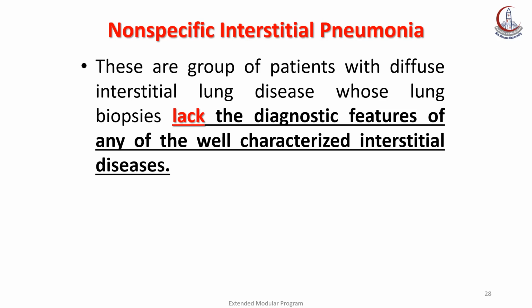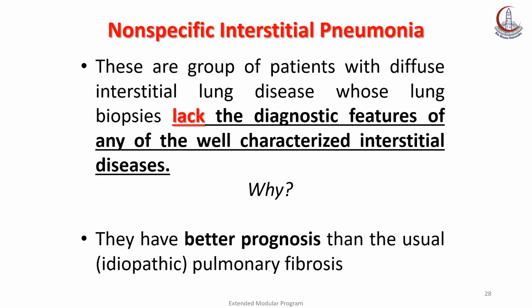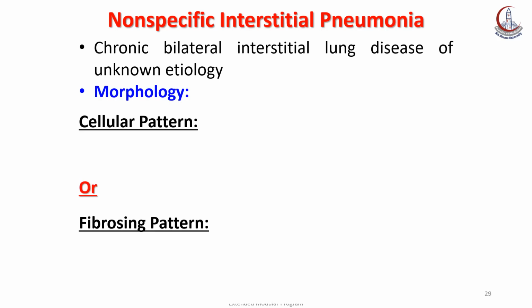No granuloma, so it is not sarcoidosis. No old and recent fibrosis to call it interstitial pulmonary fibrosis. No diagnostic feature of any of the well-characterized interstitial diseases. They have better prognosis than the usual idiopathic pulmonary fibrosis.